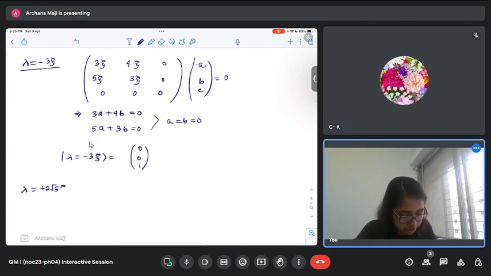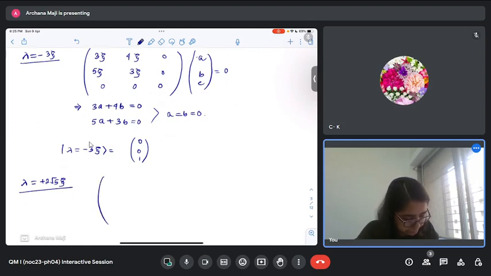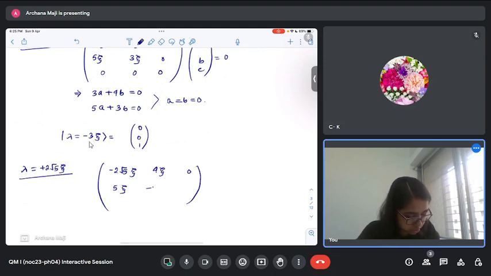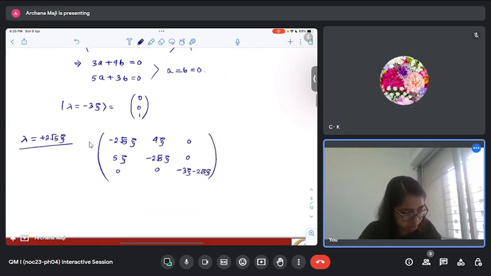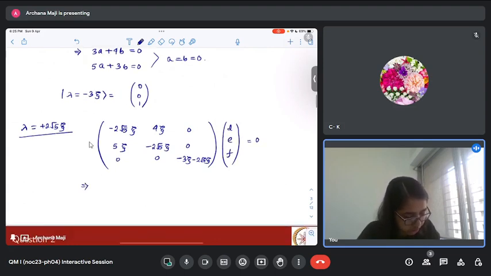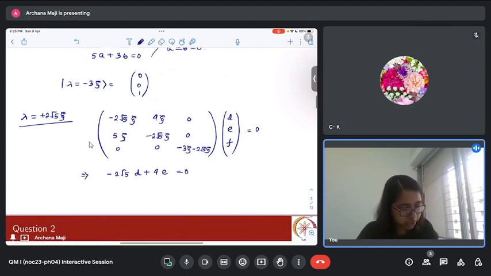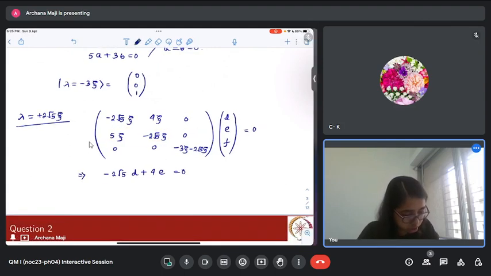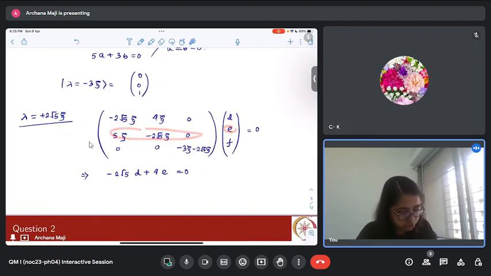Lambda equal to plus 2 square root 5 xi, what do we get? Minus 3 xi minus lambda. So we get minus 2 square root 5 b plus 4e equal to 0, and the same thing from this equation also, equating these two.